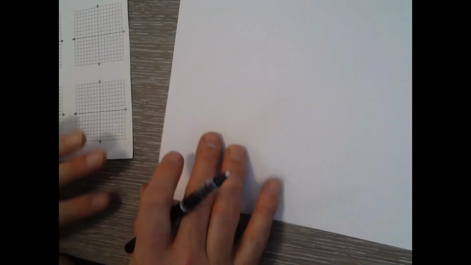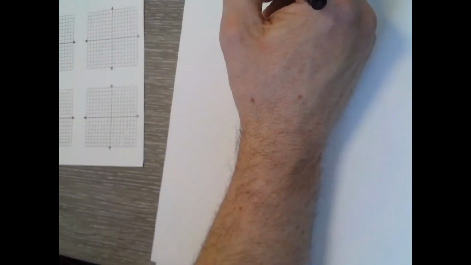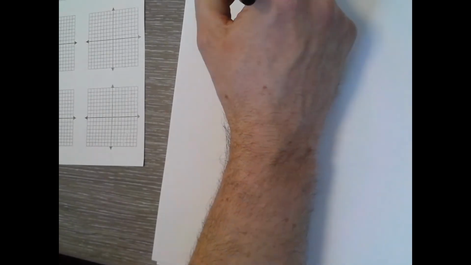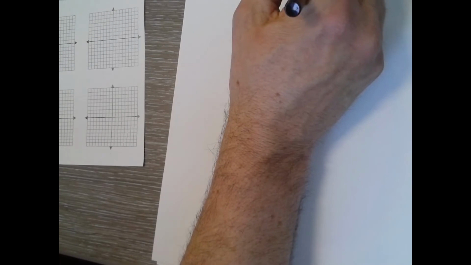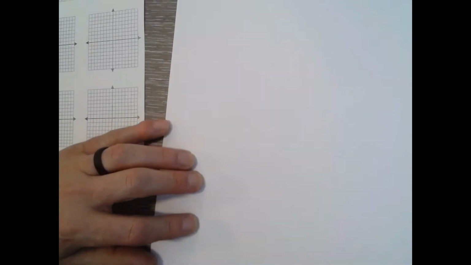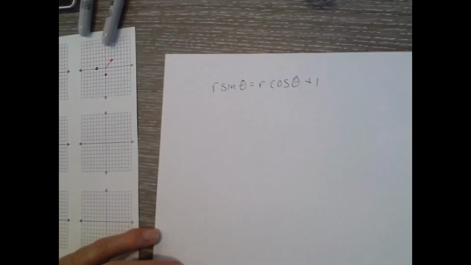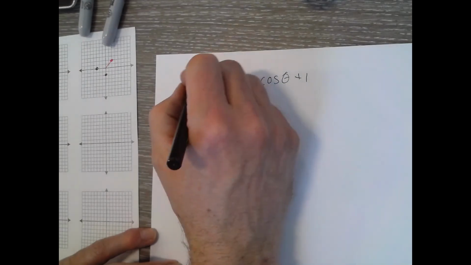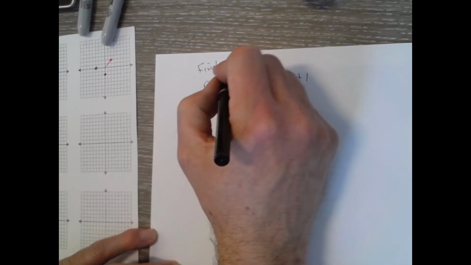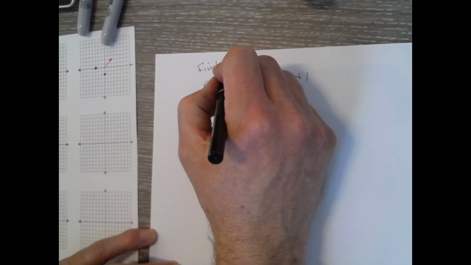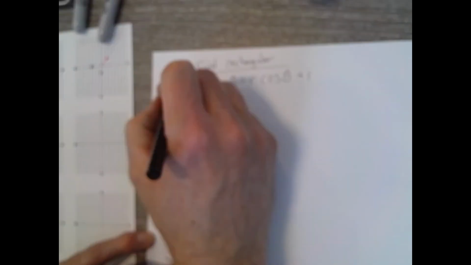All right, how about r sine theta equals r cosine theta plus 1? All right, so I'm going to give you a polar. I want you to find rectangular. So we can't have any r's, we can't have any thetas, we only want x's and y's now.